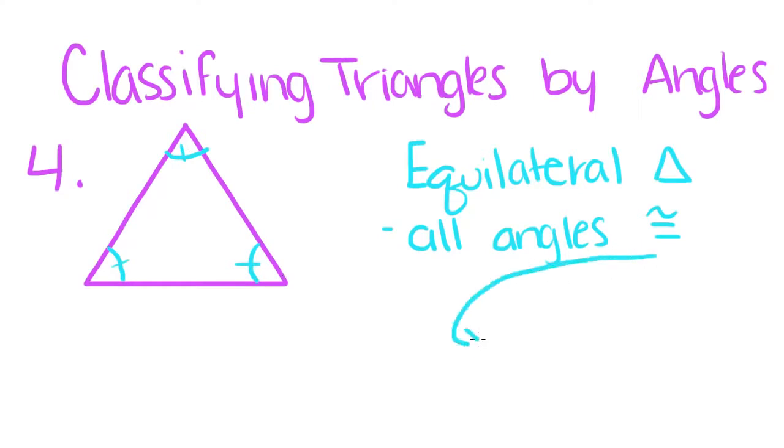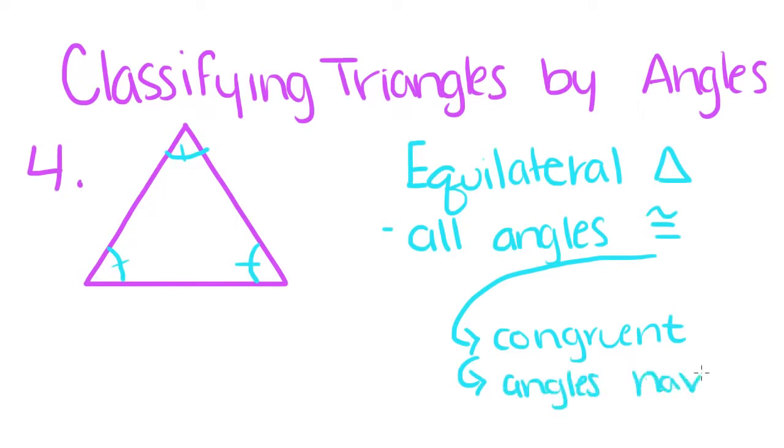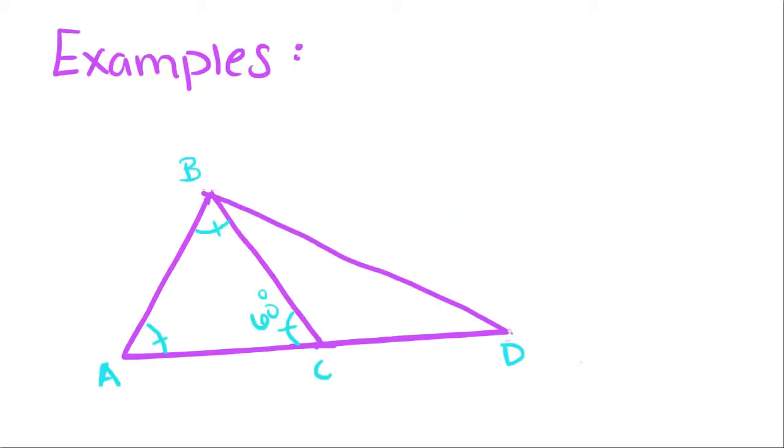So this symbol just means congruent, and when angles are congruent, they have equal measure. So we can mark them as congruent by doing this. These little tick marks indicate that these angles are congruent.